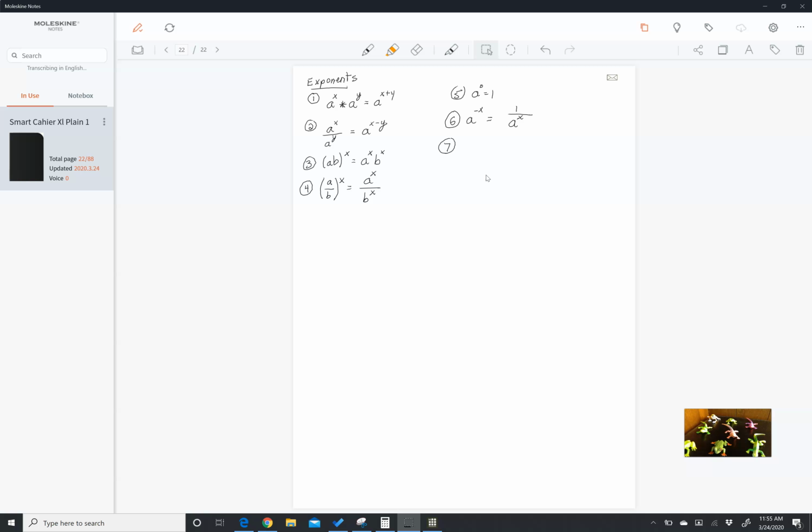If you raise a power to a power, so if you have a to the x and you're raising that to the y, then you multiply the powers.